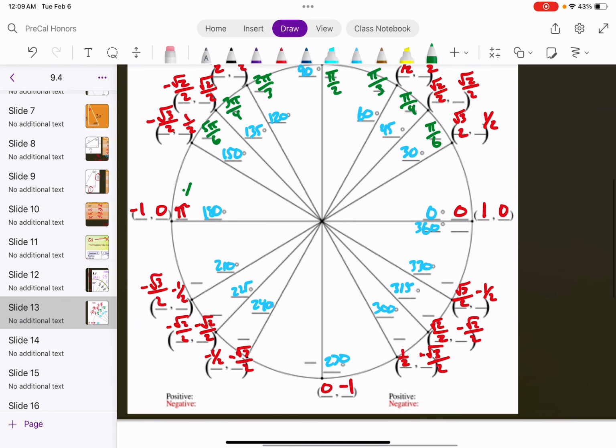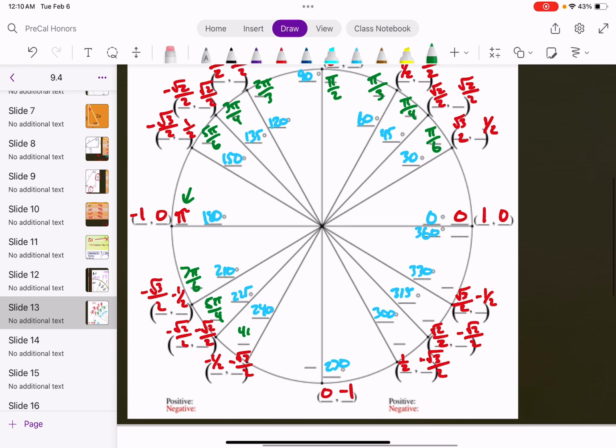Notice at 180 we would have pi. For 210, this would be 7 pi over 6, 5 pi over 4, and 4 pi over 3.